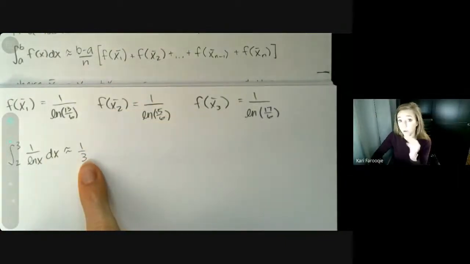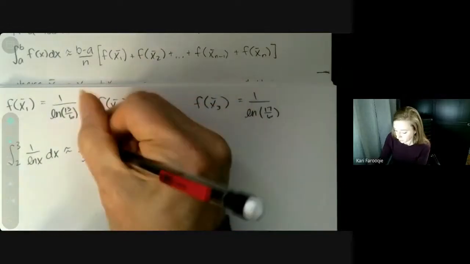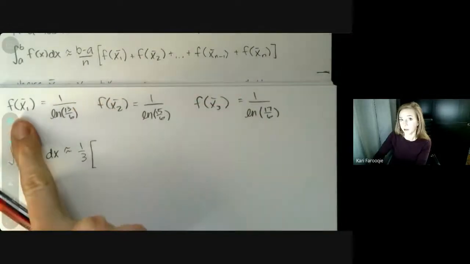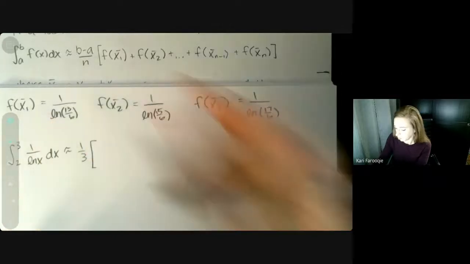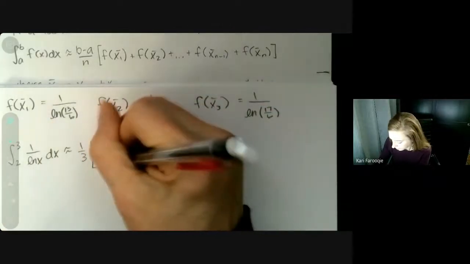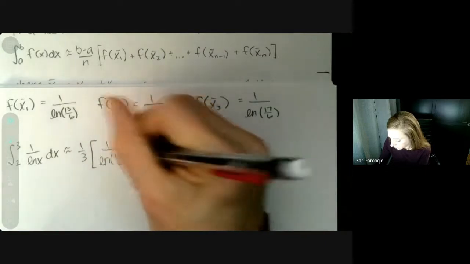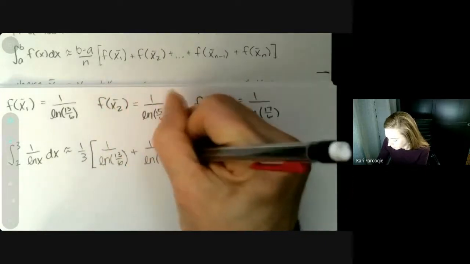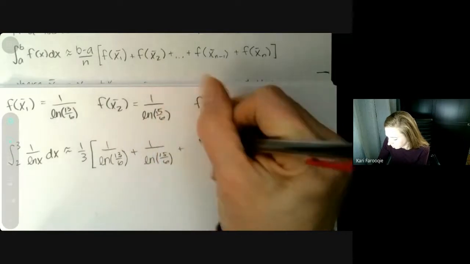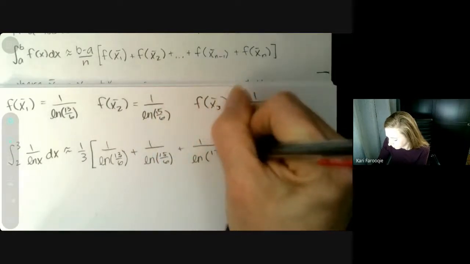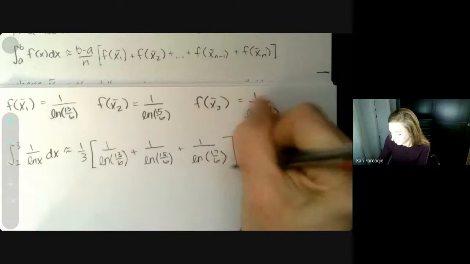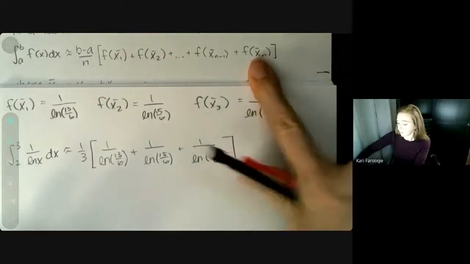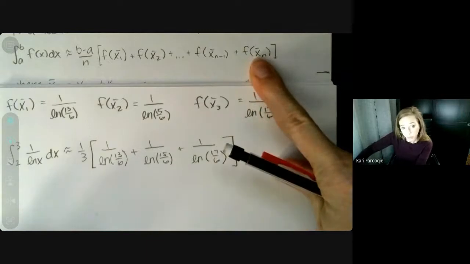And we're going to multiply this by our function value evaluated at x sub 1 bar, which is 1 over ln 13/6 plus 1 over ln 15/6 plus 1 over ln 17/6. And that's it, because all we're doing is taking this up to f of x sub n bar.